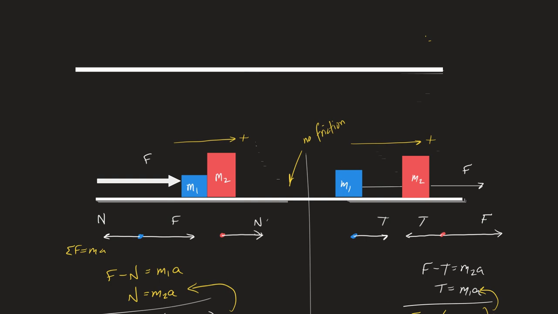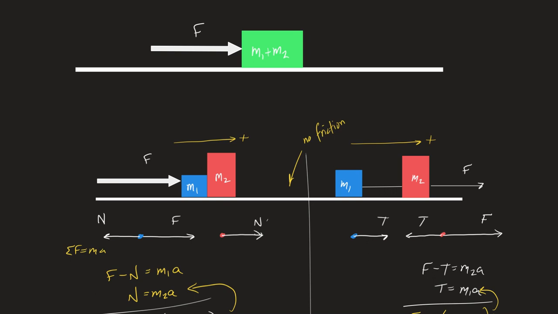So, if you're paying attention, from the outside world, how is the problem we just did very different from a single box of mass m1 plus m2 experiencing a force to the right, like so?